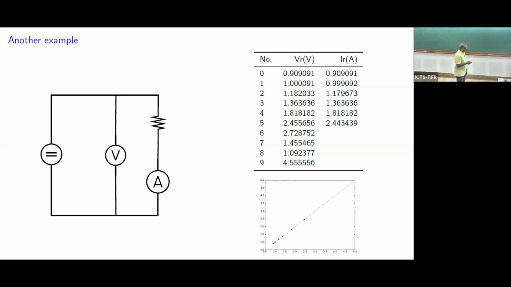And maybe by looking at it, you feel that this line has a slope of 1. These values look almost similar, right? So maybe the resistance value is 1. So the rest of the values that you have is something like this. Okay, so that is how you can predict new values for the current as a function of the voltage.